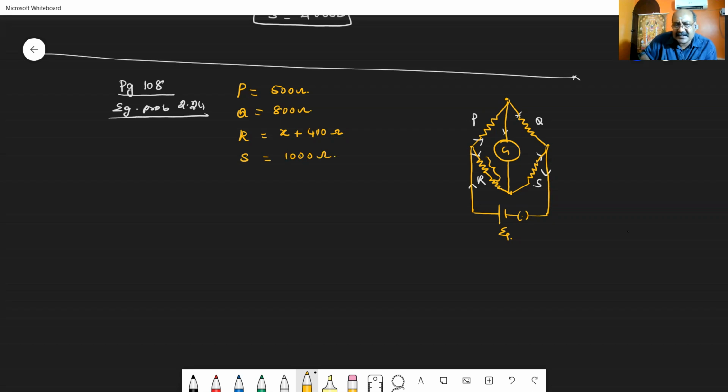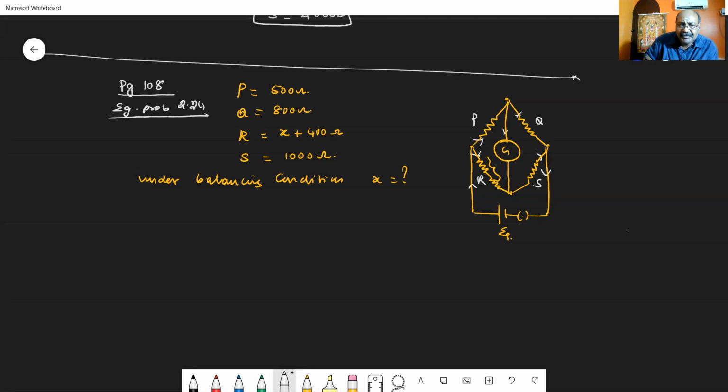So the question asked is, under balancing condition, what is the value of X? Let us calculate.